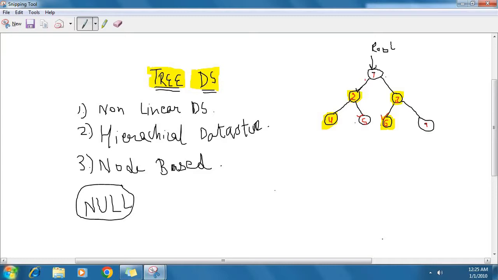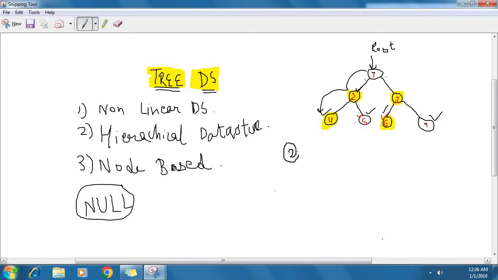The height of a tree is the longest path from the root node to the deepest leaf node. When I talk about the height of this tree, what is the deepest leaf node? This is the deepest leaf node. You can take any of these. Deepest means the longest path. So this is the longest path, 1 and 2. So the height of this tree will be 2.